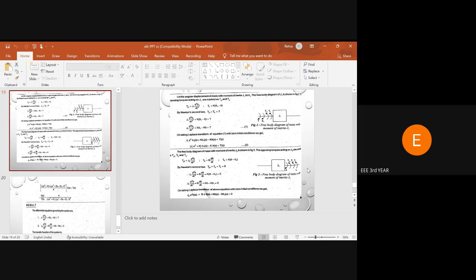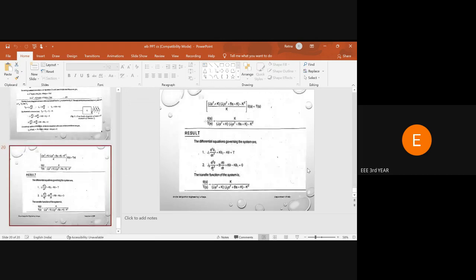Next, taking the Laplace transform of the above equation, J2 into s square into theta of s plus b into s into theta of s plus k into theta of s minus k into theta 1 of s is equal to 0.